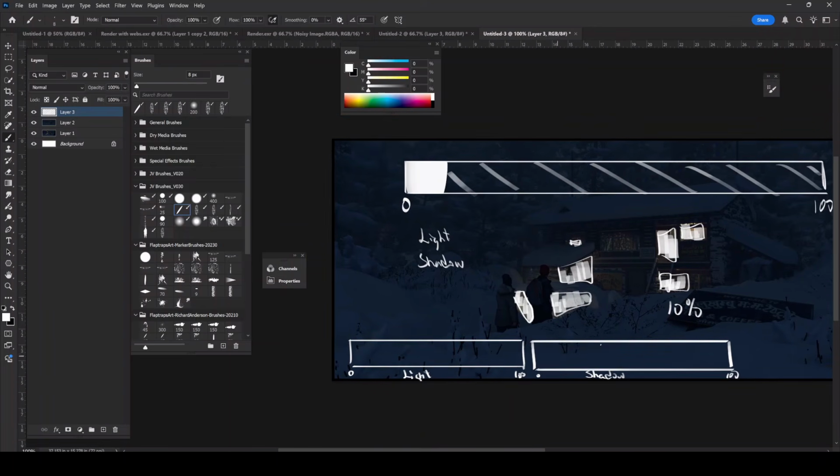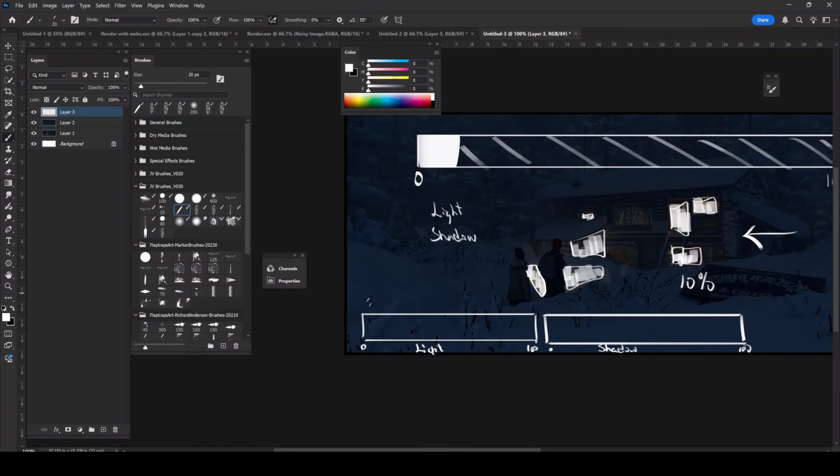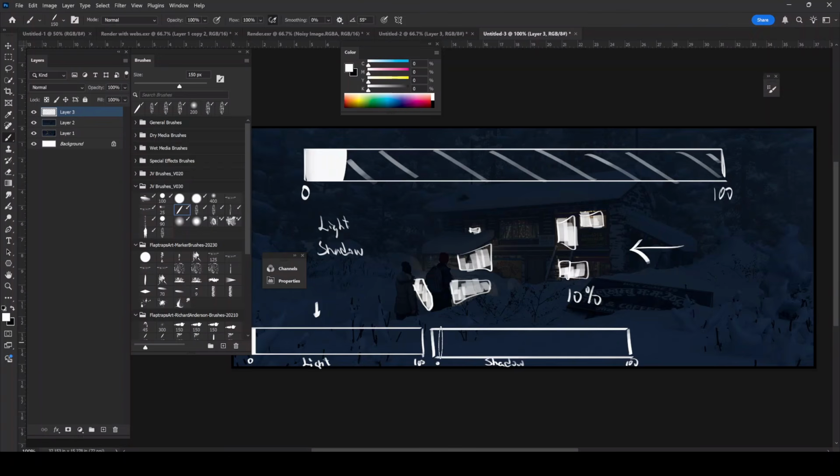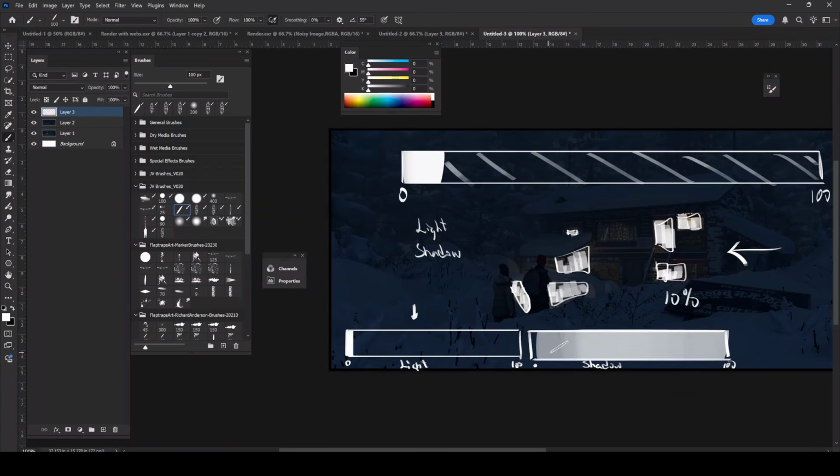In a situation like this, for your light areas you want to have very little range of values, so everything is almost going to be blown out. Your shadow areas are going to take most of your available value range, because since it has a bigger real estate, you need more range of values in order to detail the forms and all that.